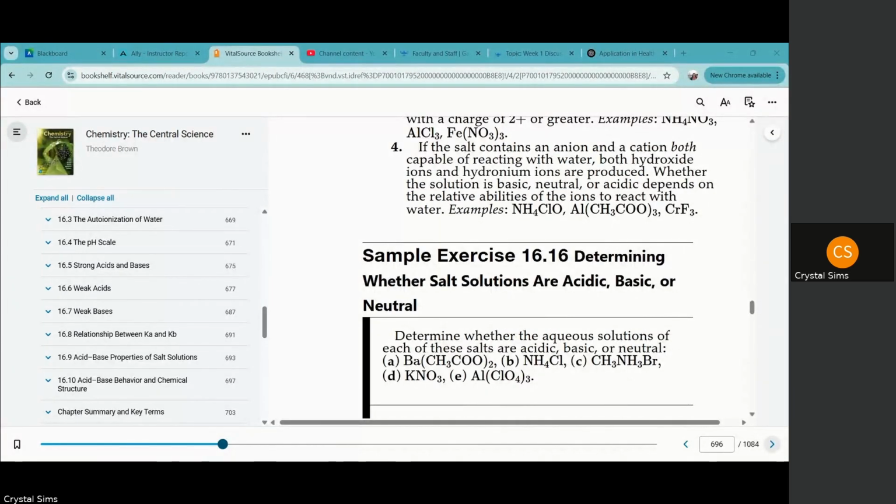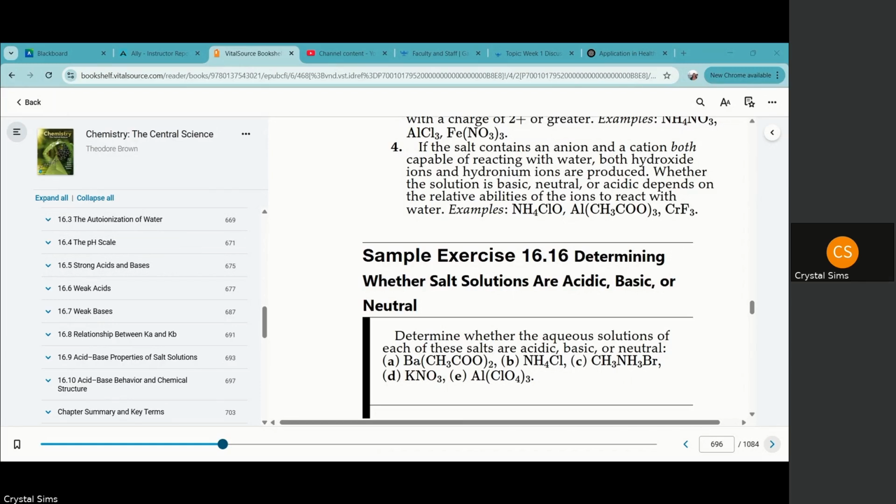Our next section gets into looking at salt solutions. We already kind of took a little bit of a look at this when we did the problem with the sodium hypochlorite. But now we're going to look at how we can determine if a salt solution is going to be acidic, basic, or neutral.